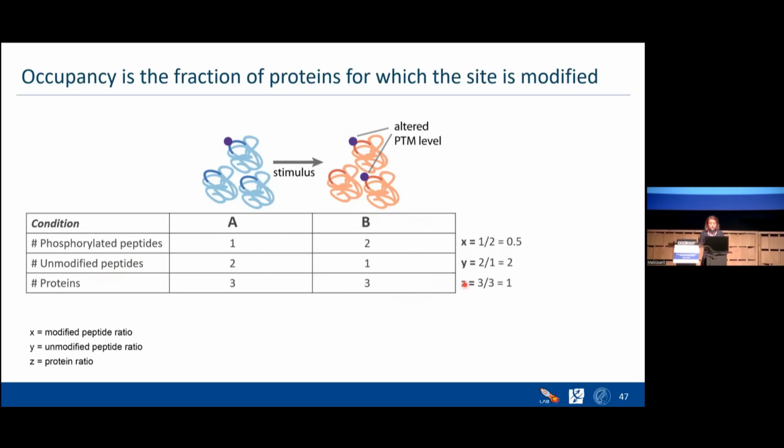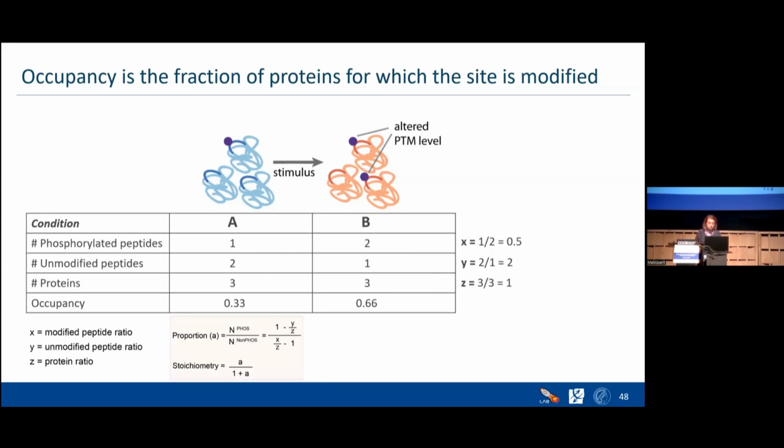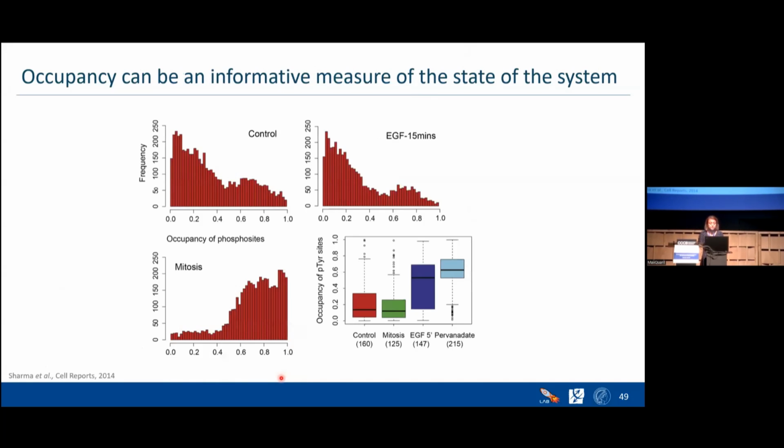When we calculate the ratios, we get these 3 values, X, Y, Z. Then there is the occupancy formula that was established previously, and here we can just add these numbers. We know what Y is, we know what Z is, and then we can get the proportion. Then we can have an idea about the stoichiometry, about the occupancy.